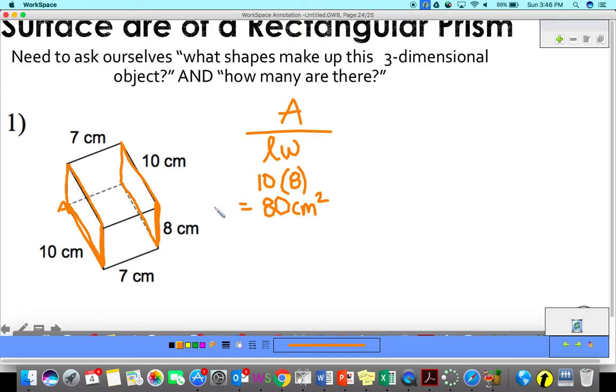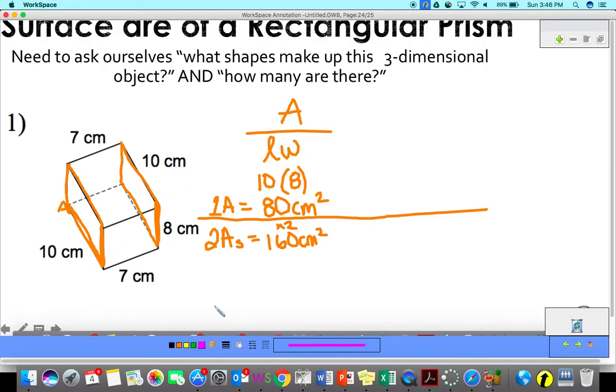But this right now is only 1 A. There are 2 of them here. So what I need to do is double this. I want 2 A's, which means I'm going to take 80 times 2, and I'm going to get 160 centimeters squared. So this right now has covered this orange shape A.